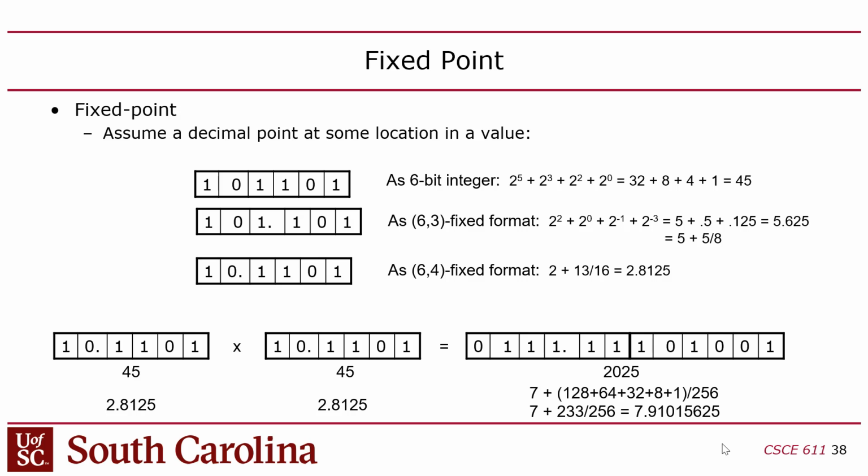Make sense? Now you could do it the other way too. You could put the decimal point over here off to the right, in which case the least significant bit may carry a significance of not 2 to the 0th power, but 2 to the 10th power, right? So every bit here could be at 1024. Or if I put the decimal point there, then the unit in the last place, or the least significant bit, will carry a significance of 2 to the negative third power, which is 1/8, right?